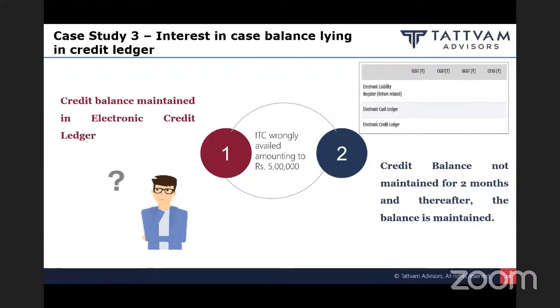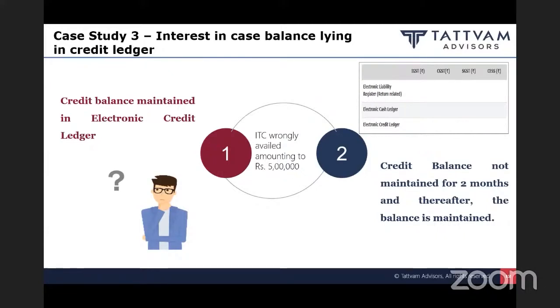I repeat, in December 2021, my balance dropped from 5 lakh to 1 lakh rupees, and thereafter from February 2022 onwards, my balance was restored to 5 lakh rupees. So the credit was wrongly availed in April 2021, which I am reversing in August 2022. In between, my credit was always 5 lakh rupees, but for the 2 months, December and January, my balance was reduced.